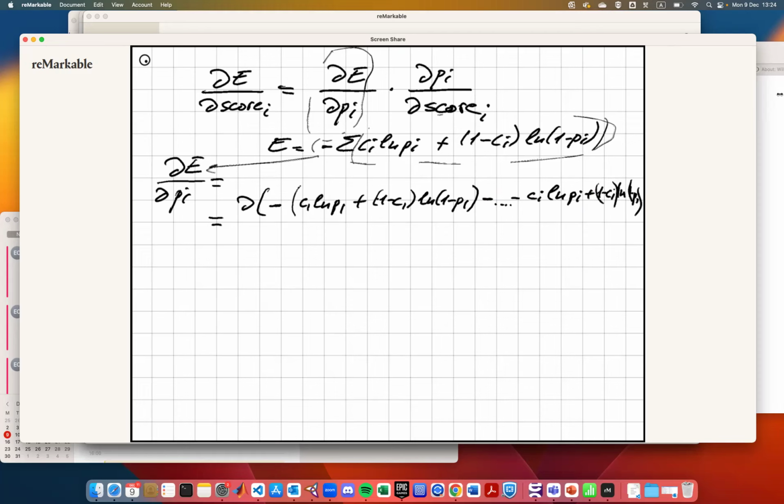And then you continue this sum further until the end. But what is important, taking this partial derivative with respect to pi, all the rest becomes 0.